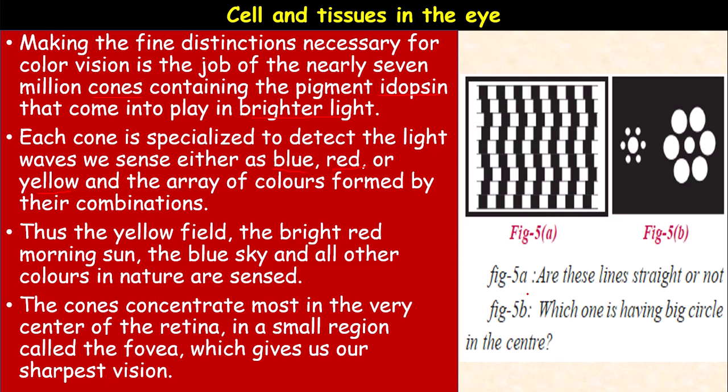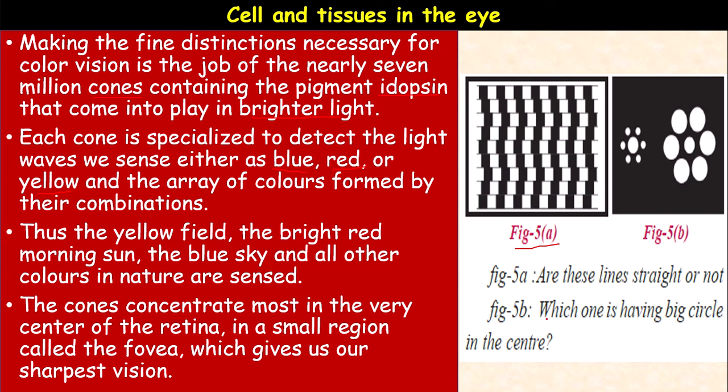Okay, so here the two figures are given, you could observe carefully. In the first figure A, are these lines straight or not? Will you be able to see the lines straight?